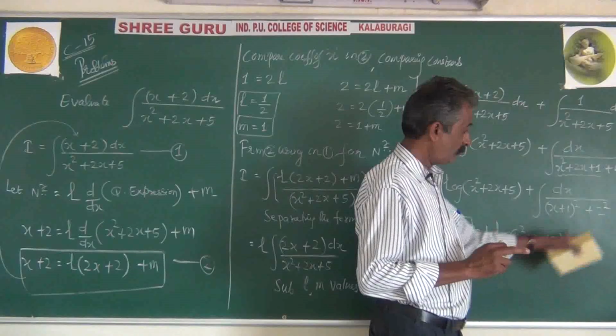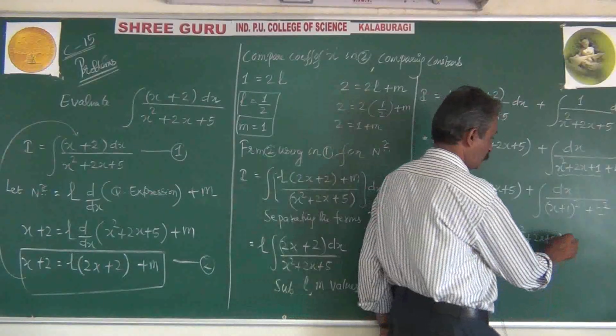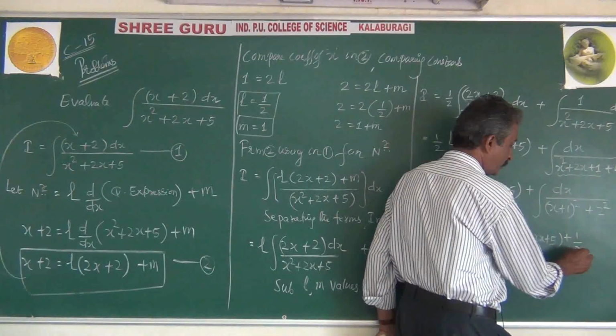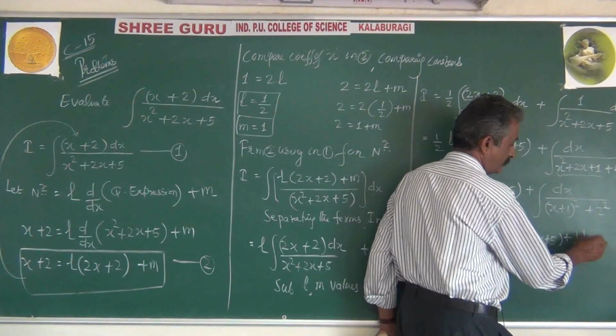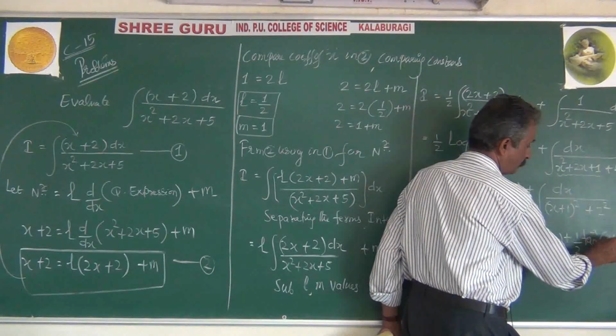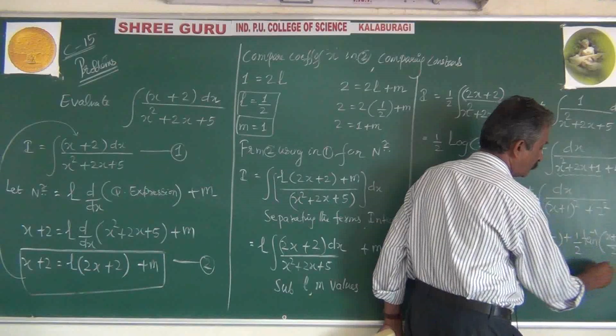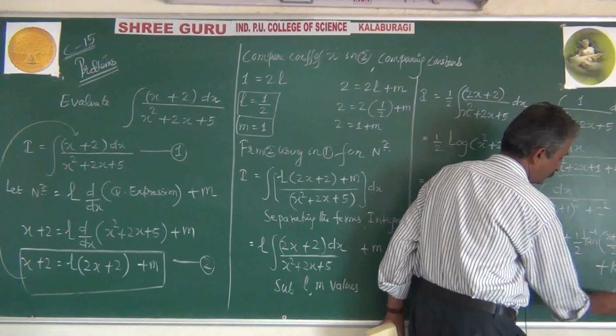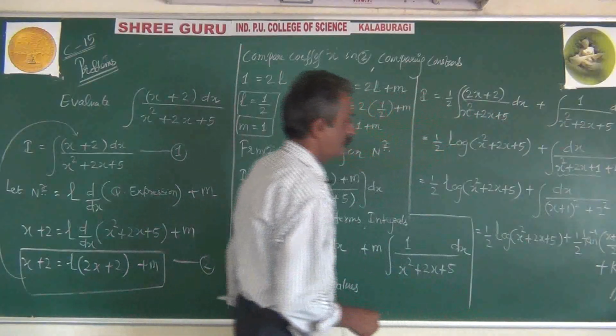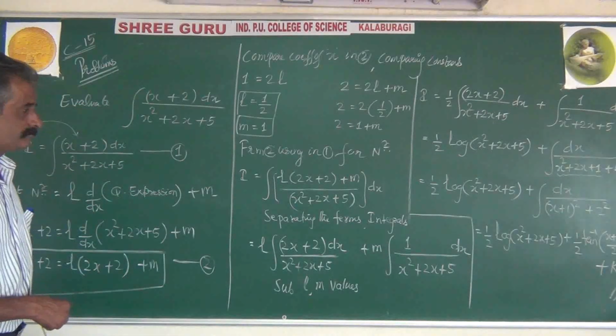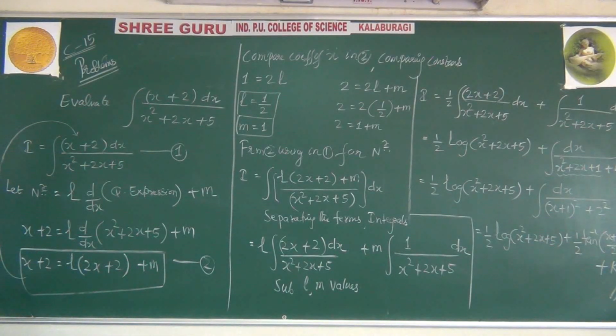Now what is a? 2. So 1 by 2 tan inverse of x plus 1 divided by 2 plus a constant. That's the final answer.